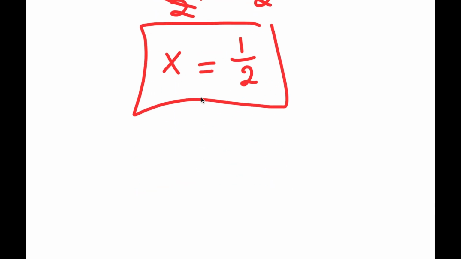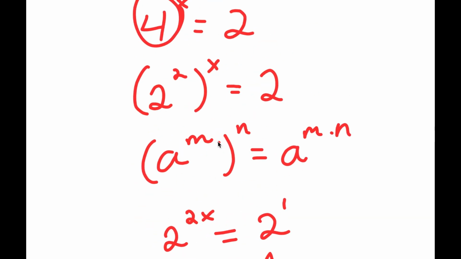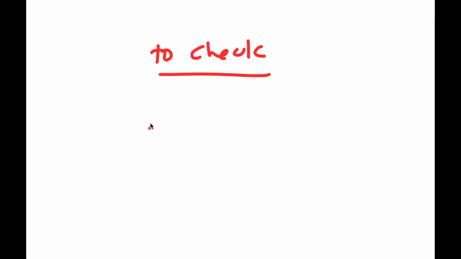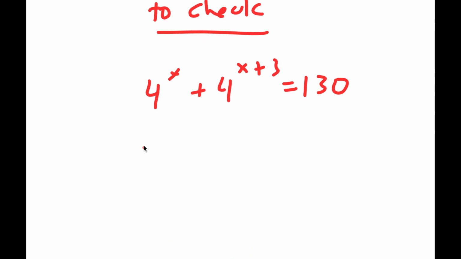So now, to check, my original equation was 4 to the power of x plus 4 to the power of x plus 3 is equal to 130. So 4 to the power of x, well, 4 to the power of 1/2 is 2.